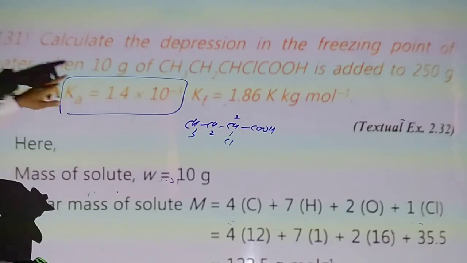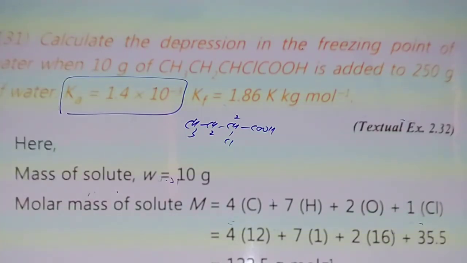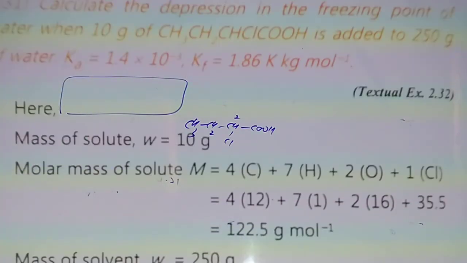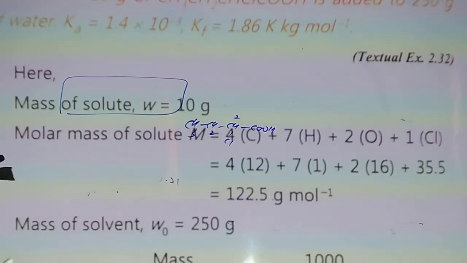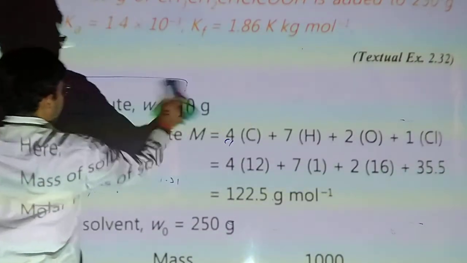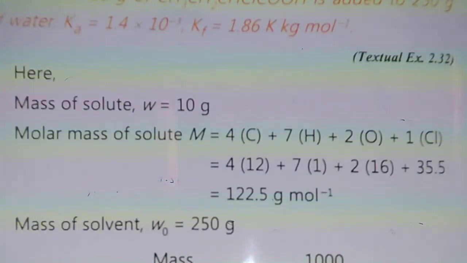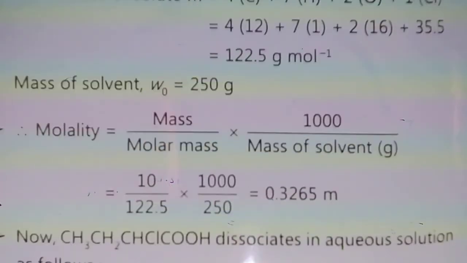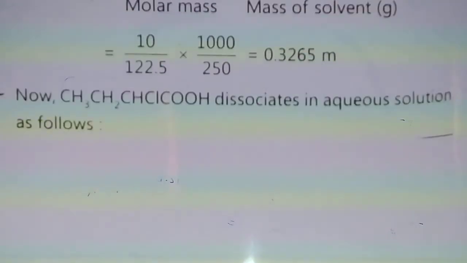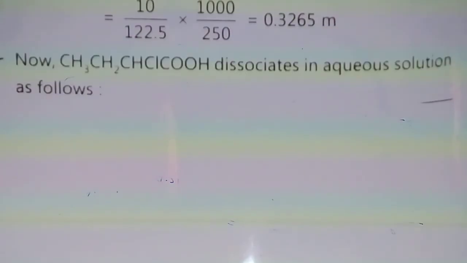Mass of solute is 10 gram. Molecular mass of the solute 122.5 gram. Mass of solvent 250 gram. So molality will be mass upon molar mass into 1000 upon mass of the solvent. So 0.3265 molal.